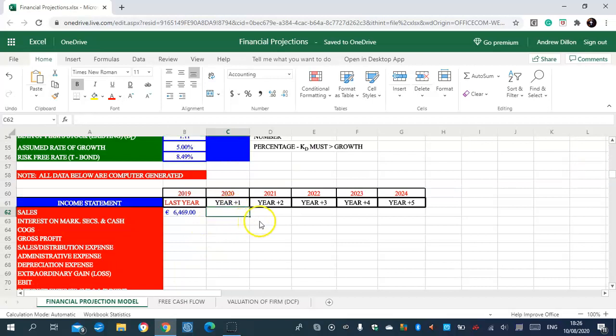Okay, let's get to business now. Let's calculate the sales. This is how to start off. It's equal to B62, which is last year.